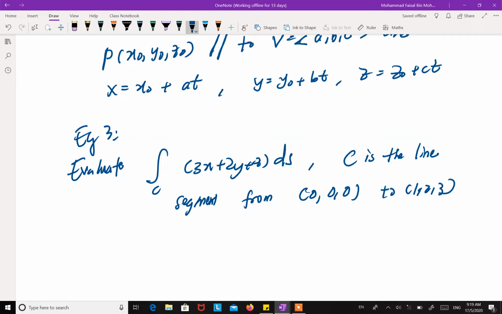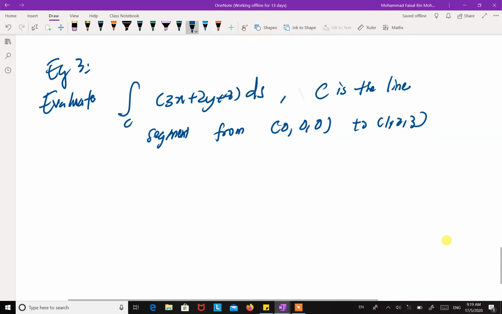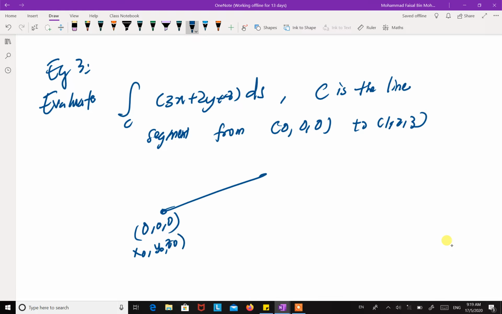So you have a line segment, which means you have two points. Let's say I put here 0, 0, 0, and I denote it as x0, y0, z0, and then another point is 1, 2, 3. I label it as x1, y1, z1. Automatically this is r at t0 and this is r at t1.